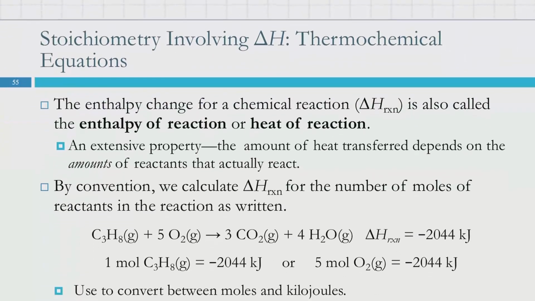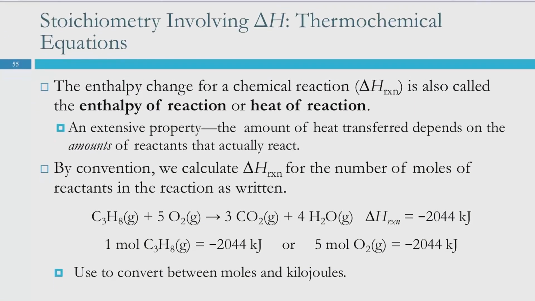When we're doing chemistry, we can do stoichiometry that involves delta H. This doesn't change a whole lot for us. It's sort of just one extra step that we add on. So we can calculate the enthalpy change, delta H, for a chemical reaction, the sub Rxn. It is also called the enthalpy of reaction or the heat of reaction, H for heat, that's nice.